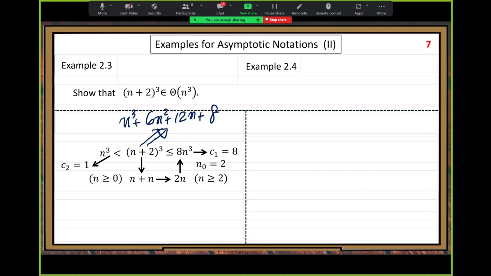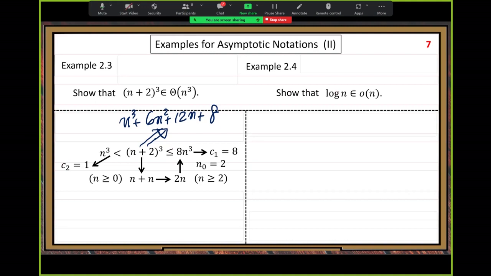Use this way, because even if I put exponent 100 here, it's still easy, just 2 to the 100th. But if those students do the expansion for 100, can you handle it? Nobody can handle it. So that's the main problem.